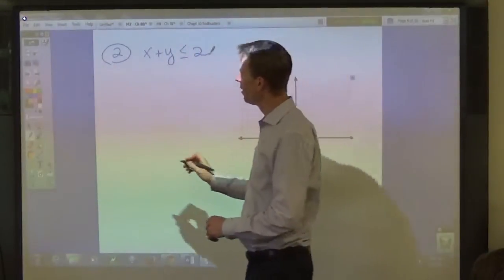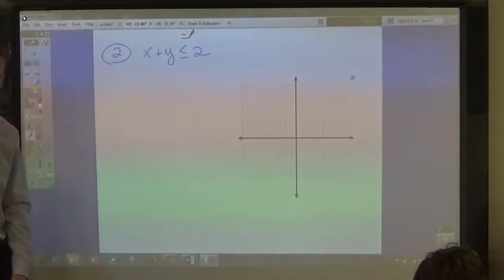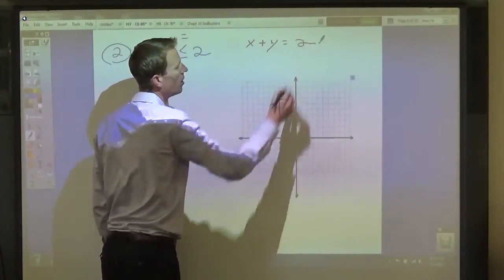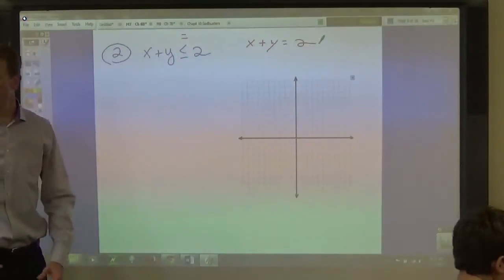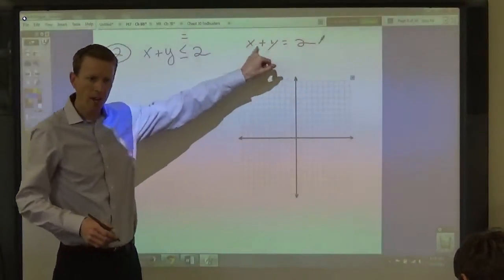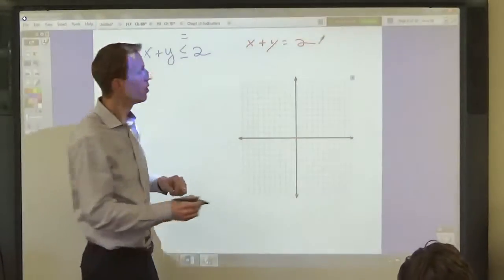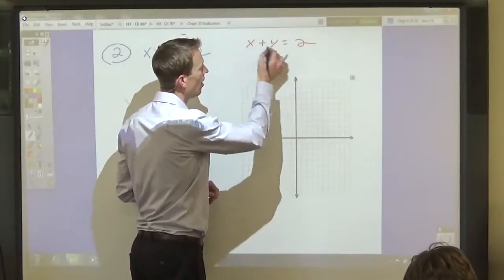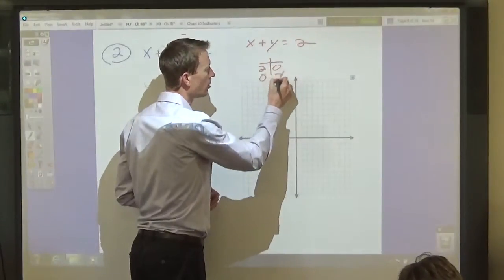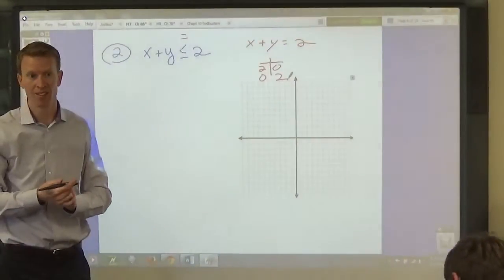Now, again, if this was just the equal sign, if this was x plus y is equal to 2, could we easily find some points that work for this? Oftentimes, when you have this equation in standard form, you could solve it for y, or you could just find points. Well, 2 plus 0 is 2, and 0 plus 2 is 2, so let's just use those points and graph it. Okay?